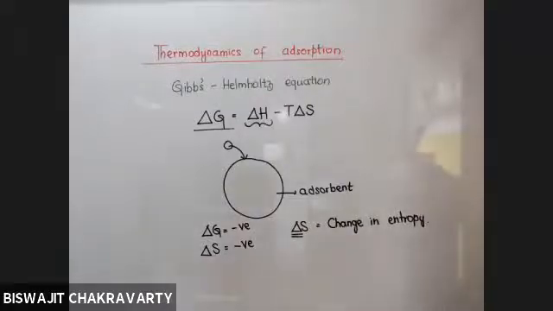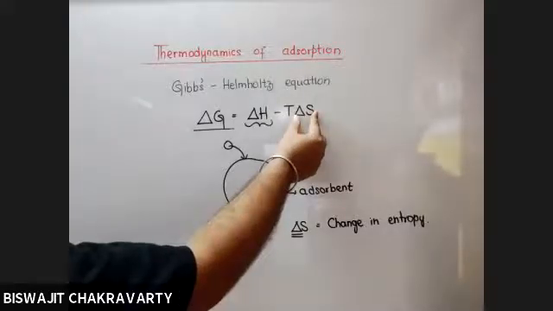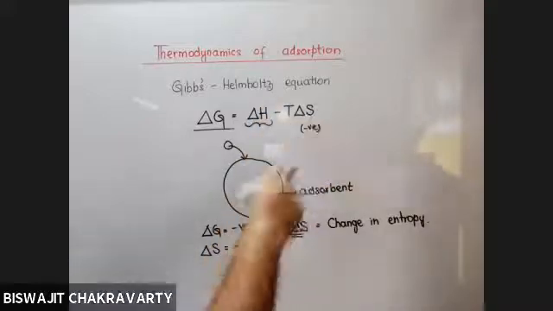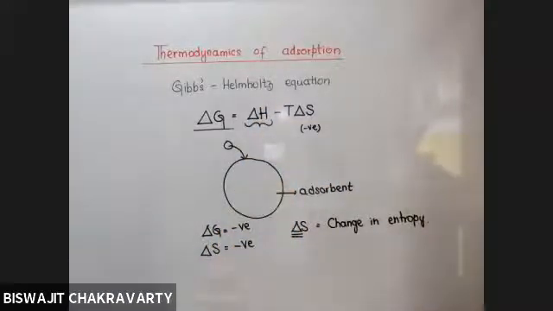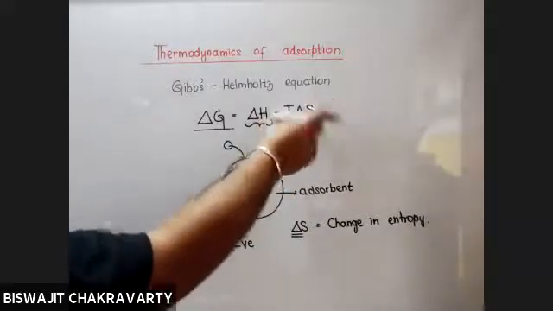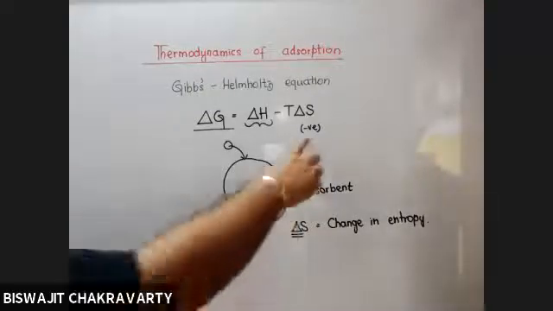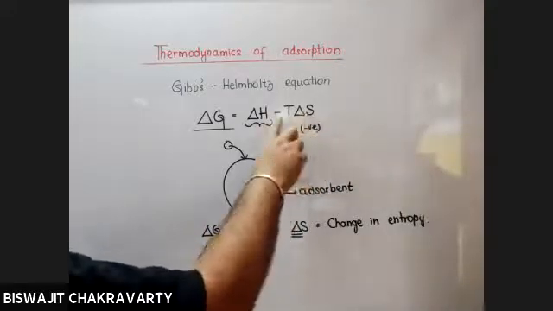Again I'm repeating. Delta S is negative. If you put negative here, then will the second term be positive or negative as a whole? This is negative and there is already a negative present.